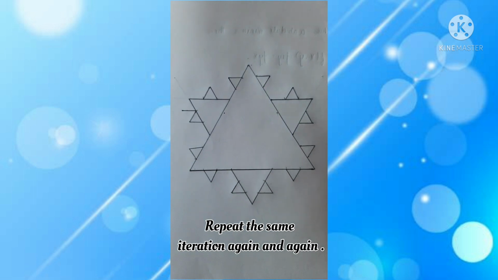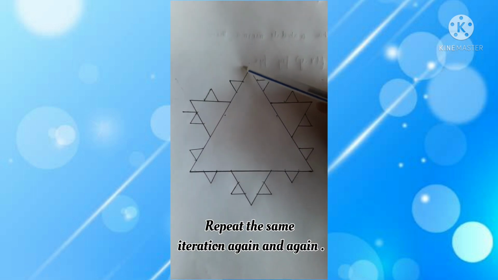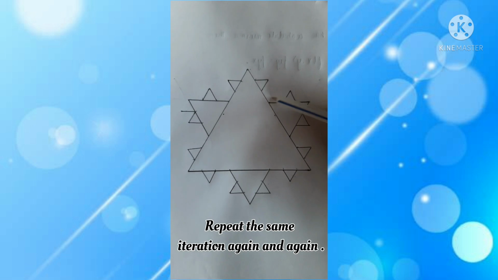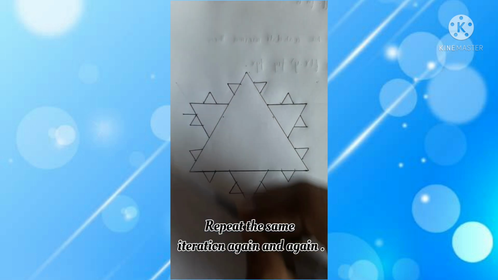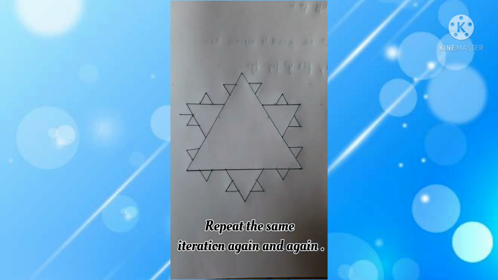Now I will repeat the same process again and again by dividing this particular portion into three equal parts, this into three equal parts, and then this and so on. Let's have a look at how it takes the shape of a snowflake.